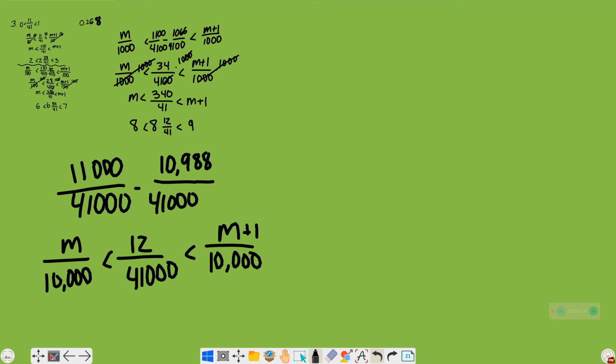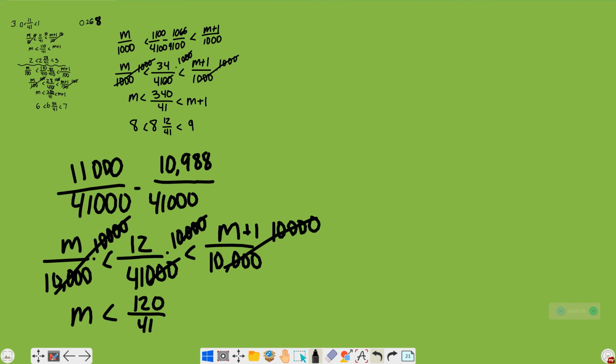So to solve this, we need to multiply all sides by 10,000, which gets rid of 3 zeros in the middle. So we have 120 over 41.